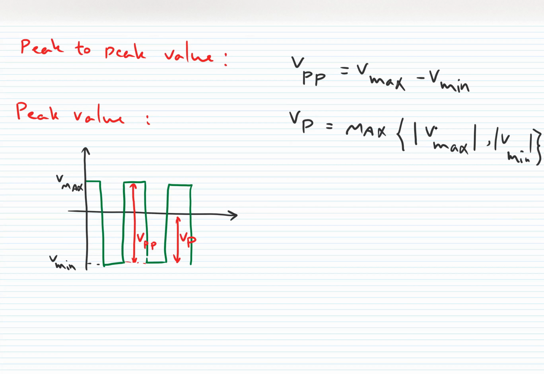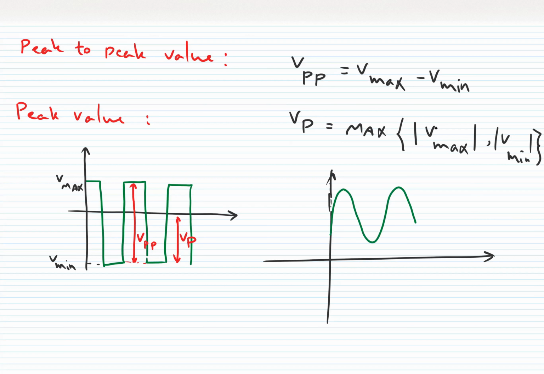Let's see another signal. We have a sinusoidal signal, and the signal is shifted in amplitude upward. And of course, it has a maximum value and it has a minimum value. V peak is the maximum.